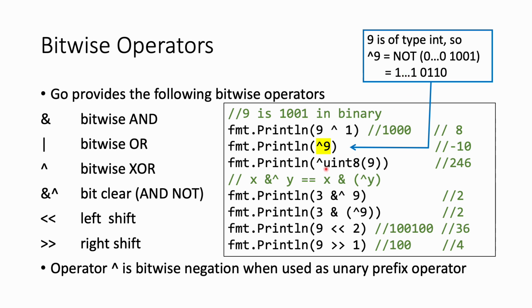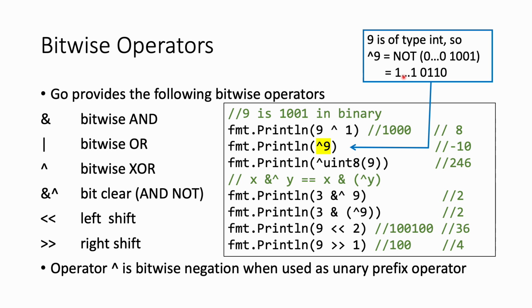And so when you apply the bitwise negation of uint8 of 9, you will get a positive number, because in this case it works the same, except that now you replace the 3 dots here with 2 0s.